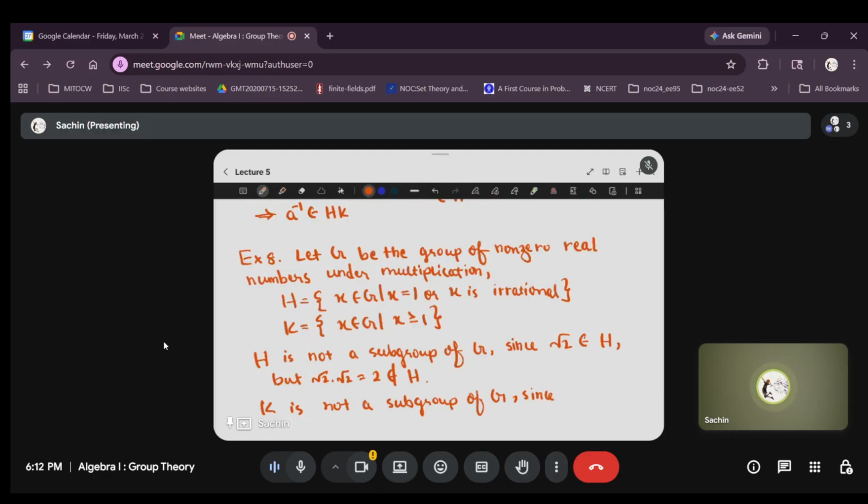If I take a natural number in K, then the fraction you get is 1 over that natural number, which will always be less than or equal to 1. Even if it's not a natural number, if you take some positive number greater than 1 and take its inverse, that would be less than 1.